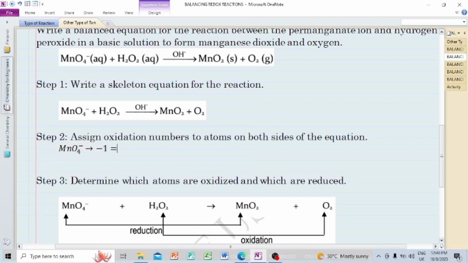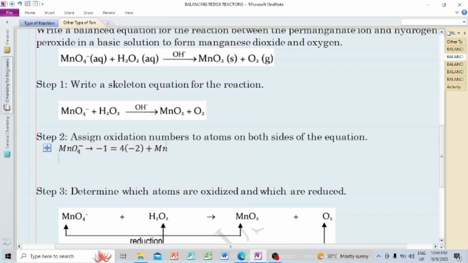So -1 is equal to, we know that the oxidation number of oxygen is always -2, so this will be 4 times -2, plus the oxidation number of Mn. So -1 minus -8 will be 7. The oxidation number of Mn is 7.